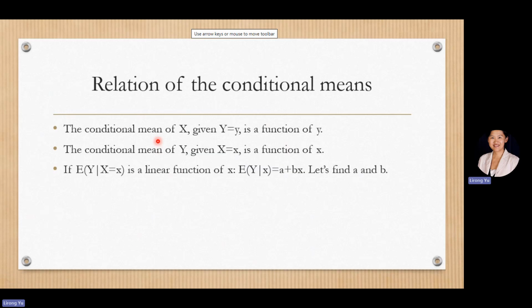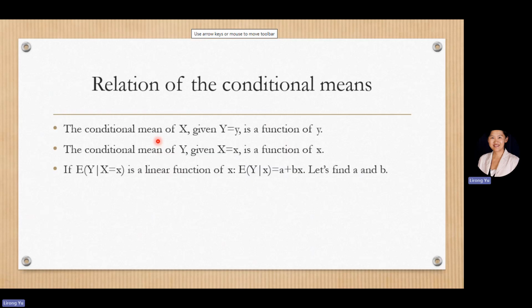Okay, so let's look at the relation of the conditional means. The conditional mean of x given y should be a function of y, because if you're calculating the mean of x, you are averaging the x values, but averaging them based on the y value.